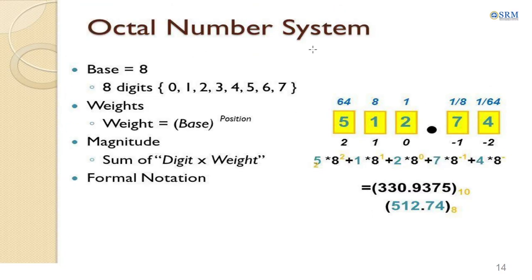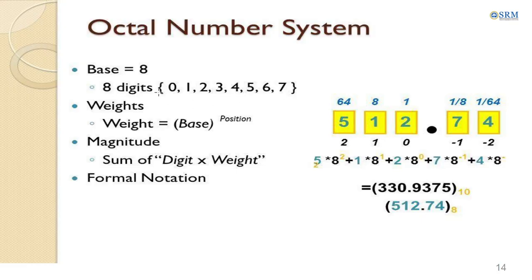Now the octal number system. In the previous cases, the decimal has 10 symbols and the binary has 2 symbols, and in the octal number system we have 8 symbols, from 0 to 7.